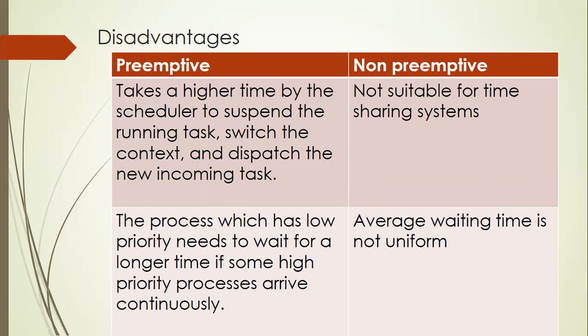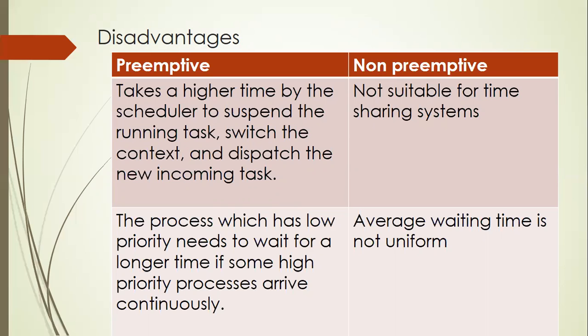Another major problem with the preemptive algorithm is this. Assume the CPU is currently running a process called X. All of a sudden, a new process Y arrives, whose priority is higher than that of X. In that case, X is moved from the running state to the ready state, and the CPU starts executing Y. By the time the CPU completes Y, another process Z arrives, whose priority is again higher than X, so X will not get the CPU again.